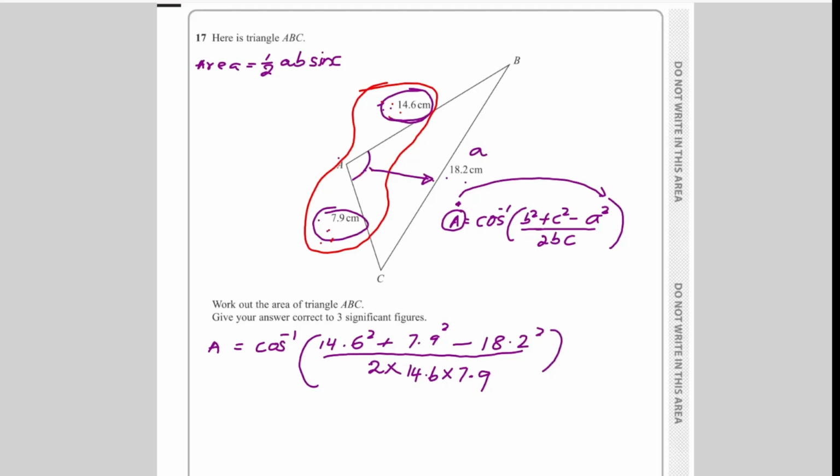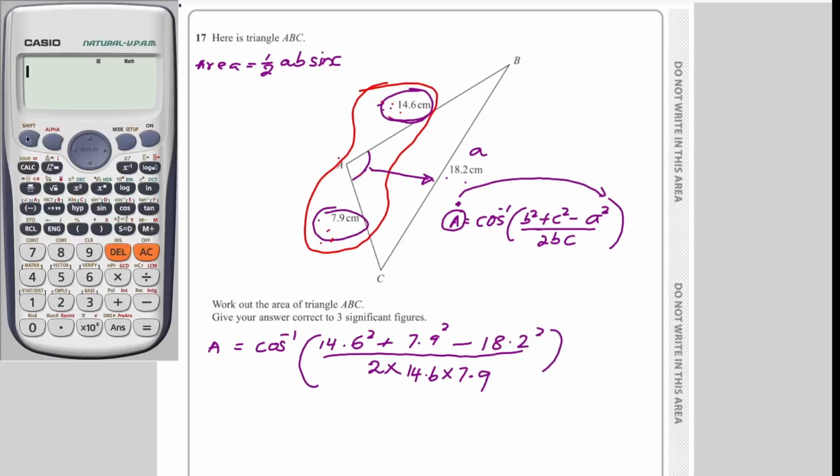Right, let's use the calculator and plug in the values. Shift cos inverse, 14.6 squared plus 7.9 squared minus 18.2 squared over 2 times 14.6 into 7.9 and close the bracket, equals 103.96.